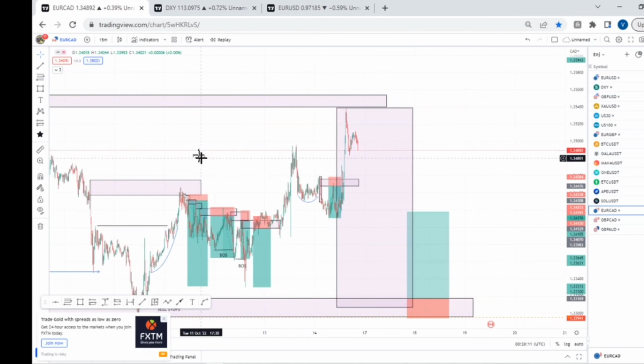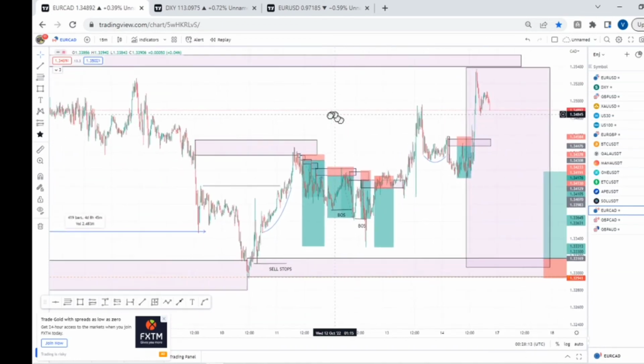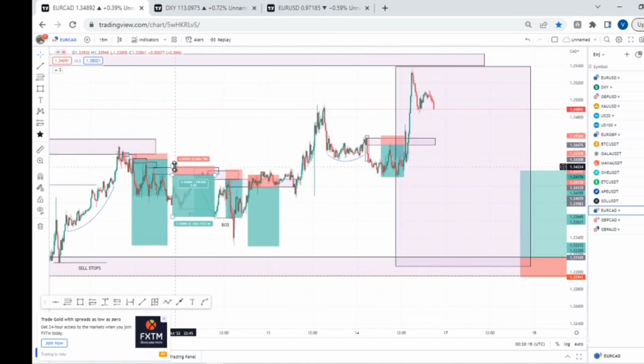So that's it for the trades I took on EURCAD last week, which gave us a total of 25.93 risk to reward. We sum up 14.21, 4.65, 3.63 and 3.44 for the week, about 25.93. Then one loss.